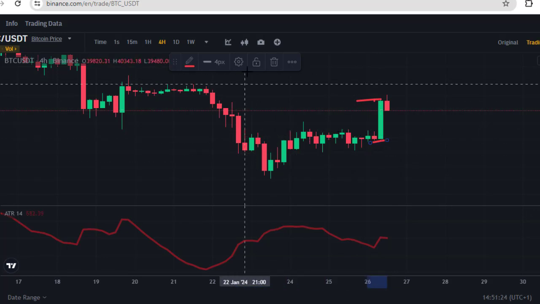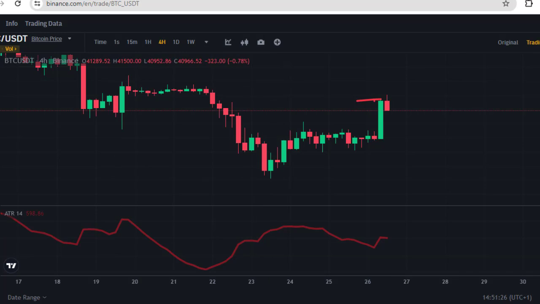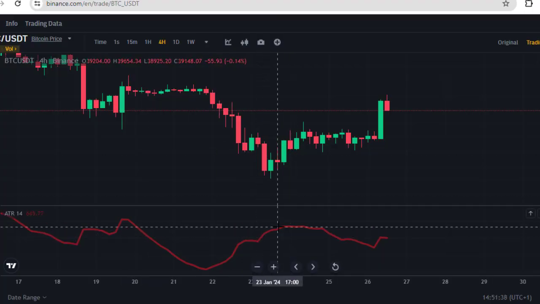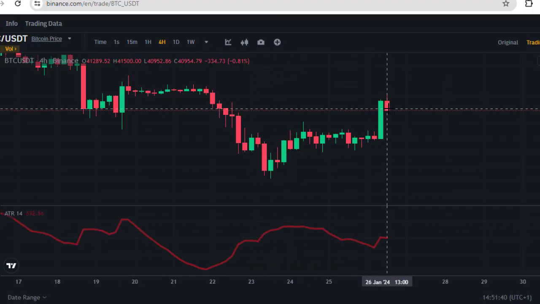One very important thing is that each candlestick has its own ATR value.